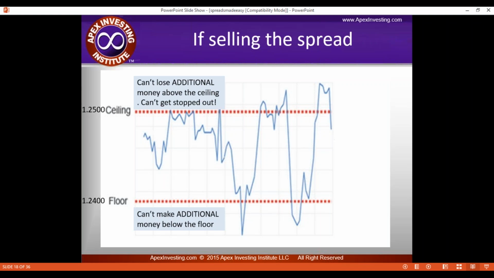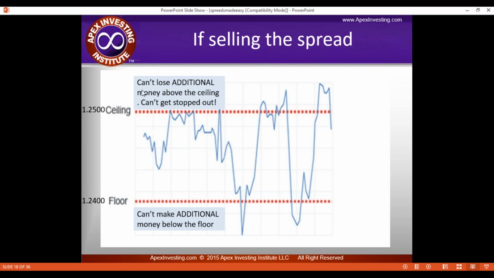All right, let's say that we're selling the spread. Let's say that our indicators, our charts, our strategy, or system that we're using is telling us that the market is going down. All right, so if the market's going down, we want to go short, we want to sell. Well, what if I'm wrong and the market goes up?